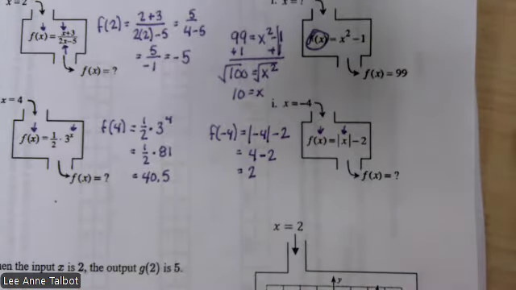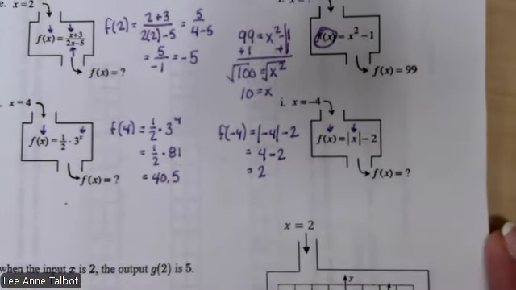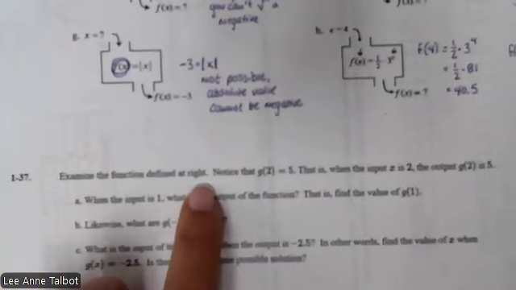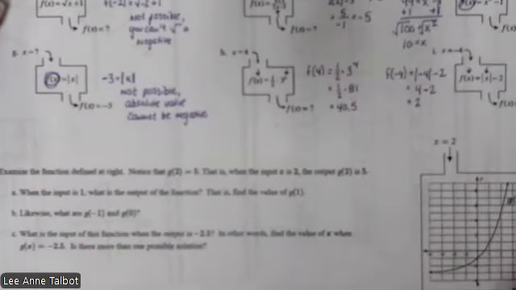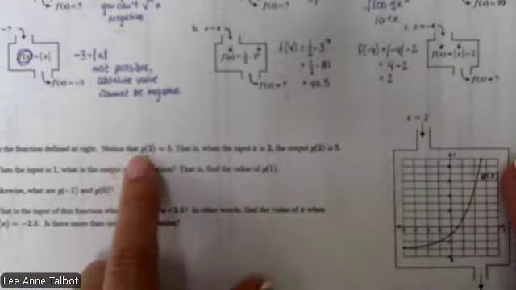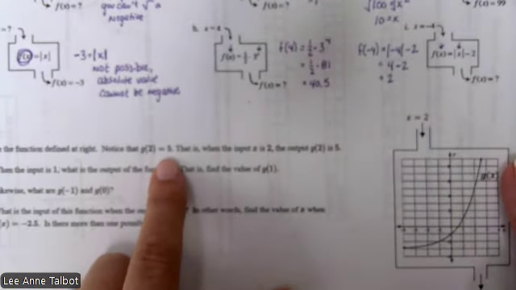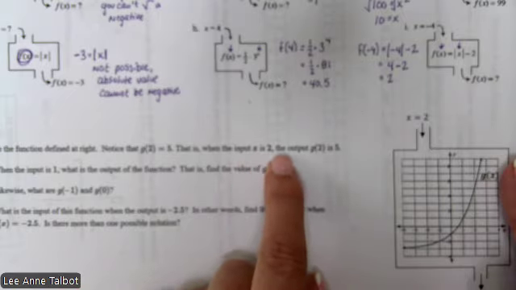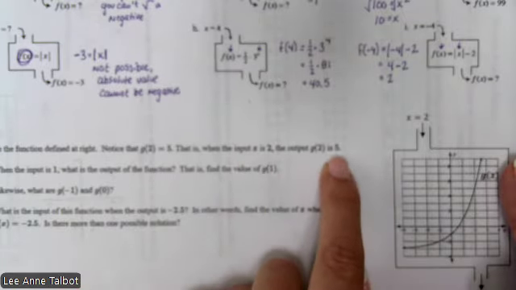Examine the function. So we're going down to number 37 now. Examine the function at right. Hold on, I got it. Scooch this over. Okay. Notice that g of 2 is 5. That is, when the input x is 2, the output g of 2 is 5.